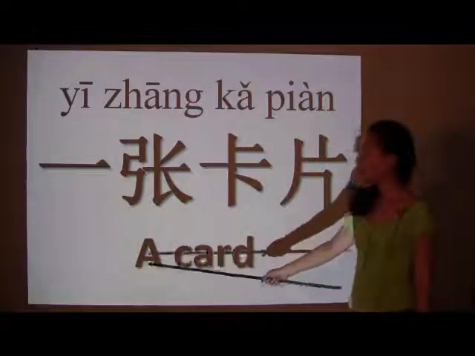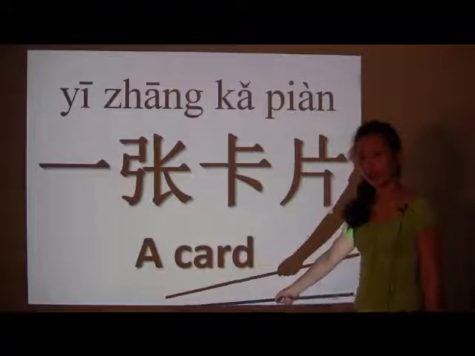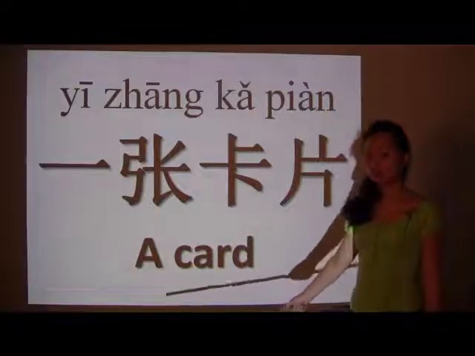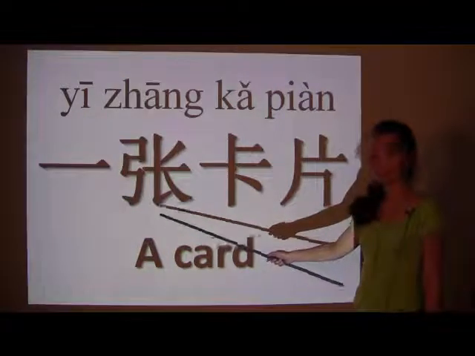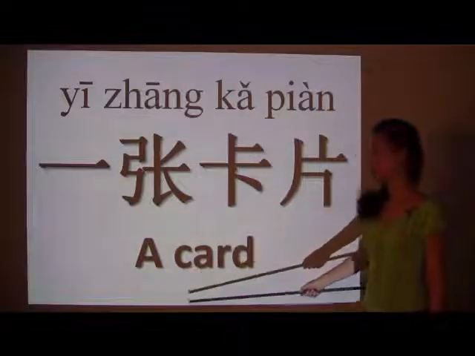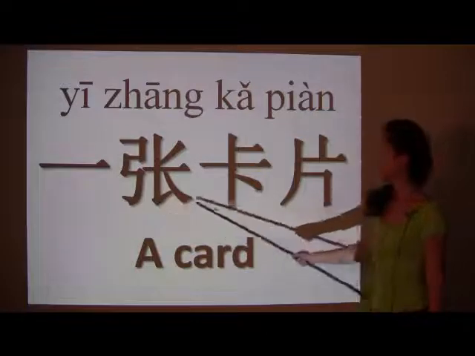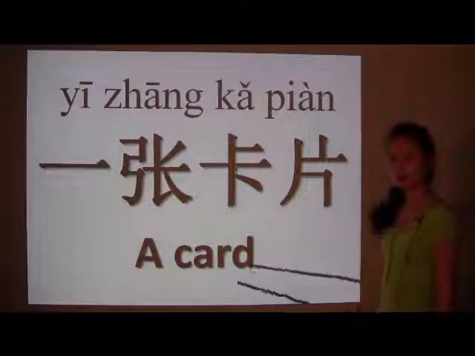So when you say one card or a card, just remember the article that you're supposed to use, which is 张 for paper products, and the number that you're referring to. 一张卡片 for a card.